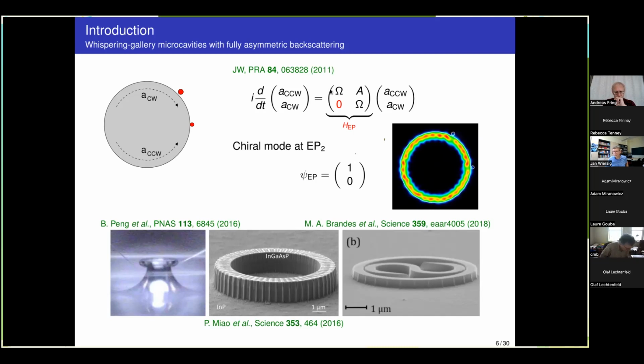Clearly this Hamiltonian is at an exceptional point, right? The only eigenvector you can find is this, which corresponds here to a purely counterclockwise propagating wave, shown here for the example. These are full calculations, not, of course, just a two-mode approximation. So we have this kind of chirality, which is inherent for all exceptional points. Here, this chirality turns into a chirality in real space for this particular kind of system.